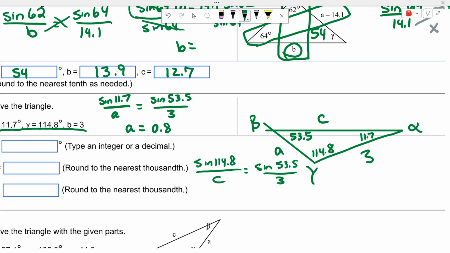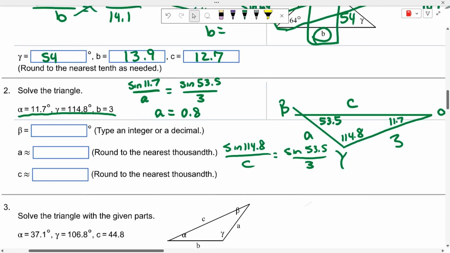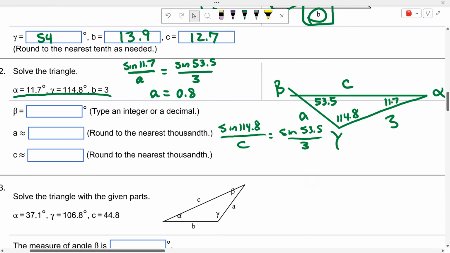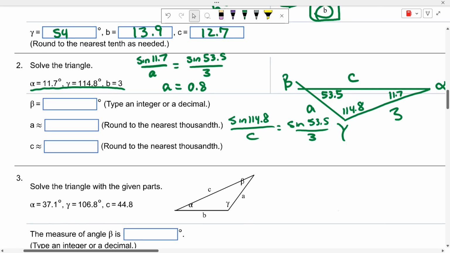When you're finding sides, it's really easy to do the cross multiplication. What do we get? 3.4. And this is 0.8. And this is 53.5.